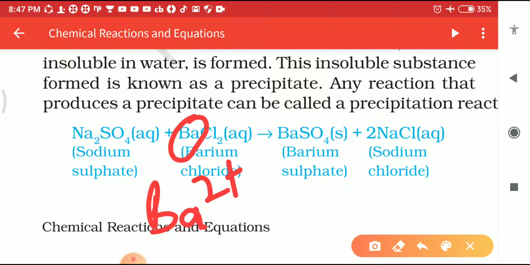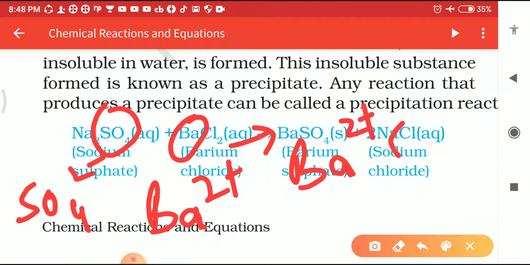When these barium ions of barium chloride react with the sulfate ion, this one is SO4 2-, what happens when the barium ions of barium chloride react with the sulfate ions of sodium sulfate to form barium sulfate? That is your Ba2+, SO4 2-. Then what will it give rise to here?